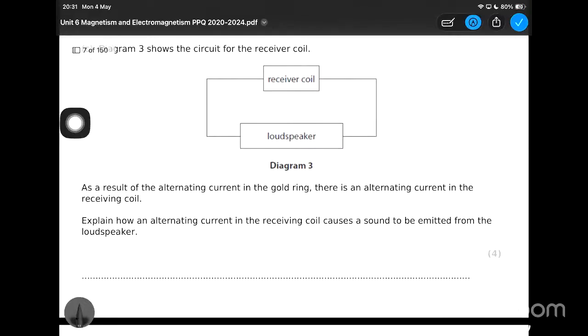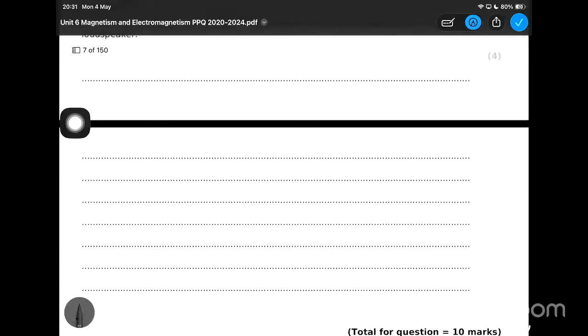As a result of alternating current in the gold ring, there is an alternating current in the receiver coil. Explain how the alternating current in the receiver coil causes a sound to be emitted from the loudspeaker.